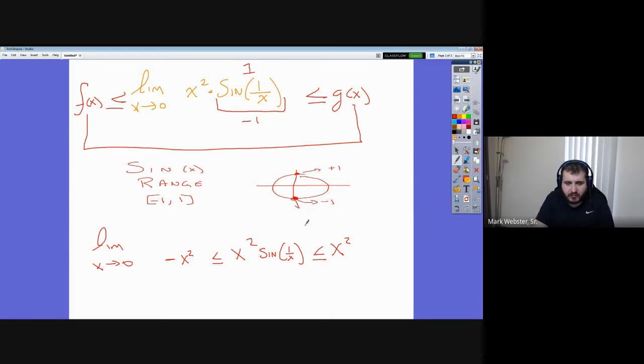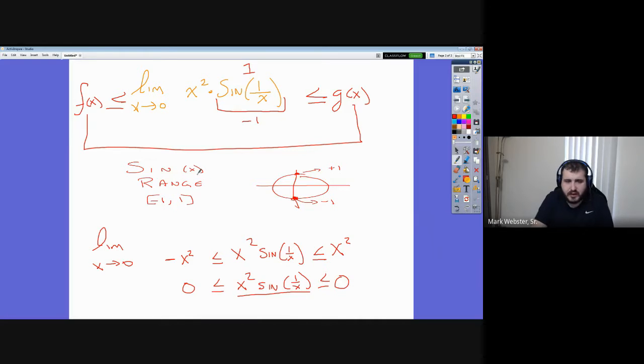But now with the help of these friendly bookends here, as x goes to 0 here, well, that's just 0, right? As x squared goes to 0, that's just 0. Well, now look, if x squared sine of 1 over x, if that limit is less than or equal to 0 and greater than or equal to 0 at the same time, it's got to be 0 too, right?